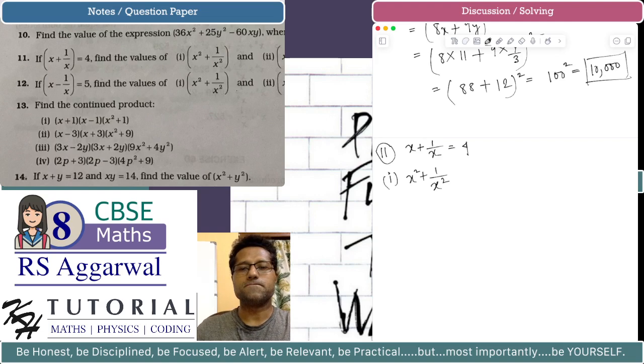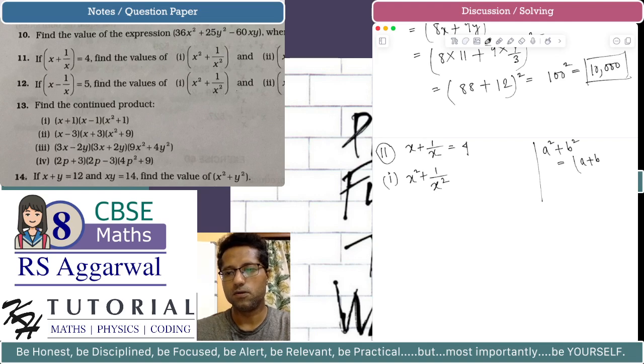You can do it in a different way. a square plus b square is equal to a plus b whole square minus twice ab, you must know that.